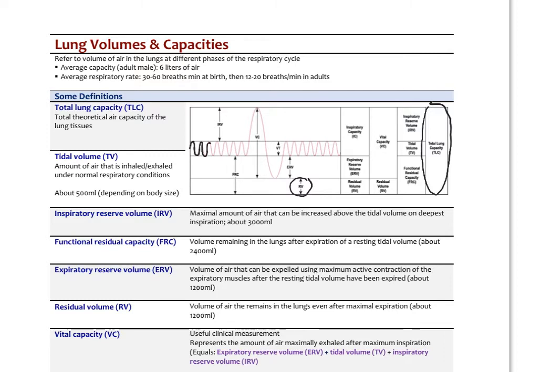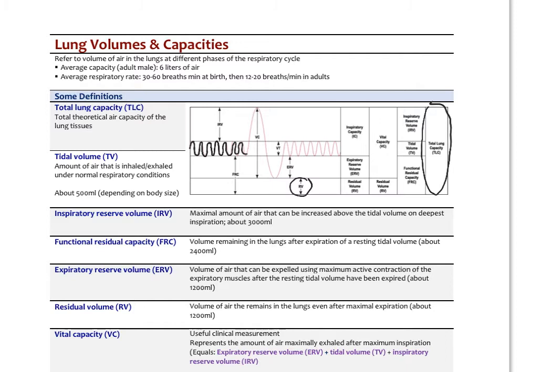So with every inspiration, we take in some air, expiration, we go out. So this is our resting capacity, and that is known as the tidal volume. So that's the amount of air that is inhaled, exhaled under normal respiratory conditions. So that's about 500 milliliters again, depending on the body size.